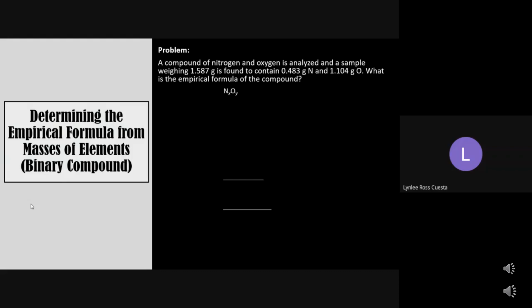Basically, this compound has the formula NxOy, wherein x and y are the whole numbers that we need to determine. It is also given here the masses of nitrogen and oxygen.